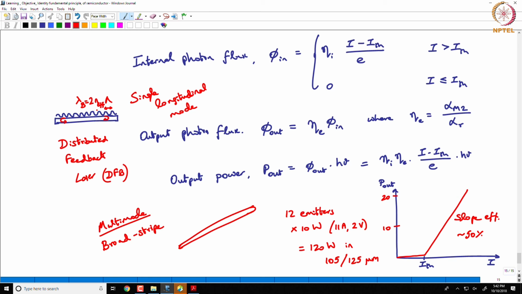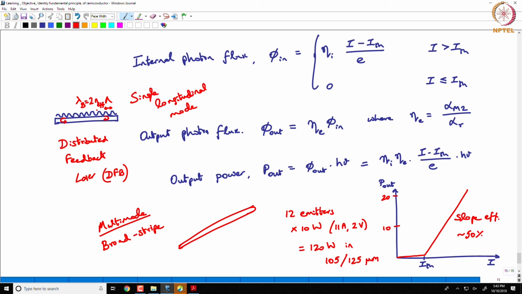These are the slope efficiencies, the numbers that I am quoting. These are all typical laser diodes that you get. This is not some exotic laser, and like I said, to get 10 watts you are pumping in only 11 amps. That is something everybody can make these days, so that is readily available.